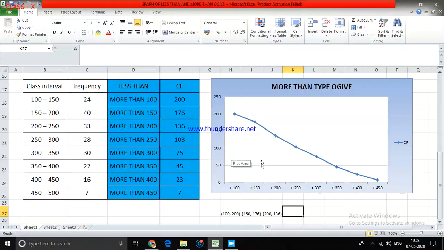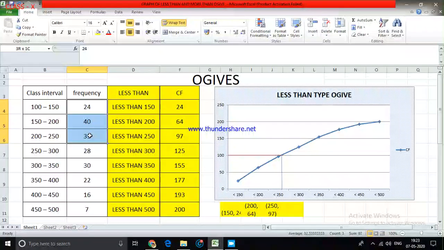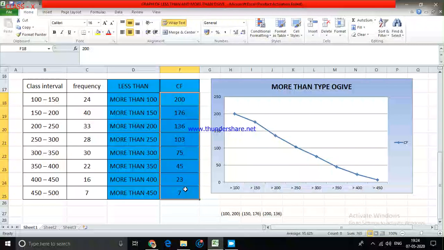Okay, if you observe in the less than type, the values keep on increasing, because initially you take one value, then you take two values, then three values, then four values. You keep on adding the numbers. So that's why the values keep on increasing. But when it comes to the more than type, the cumulative frequency values keep on decreasing, because here you have to exclude the people.